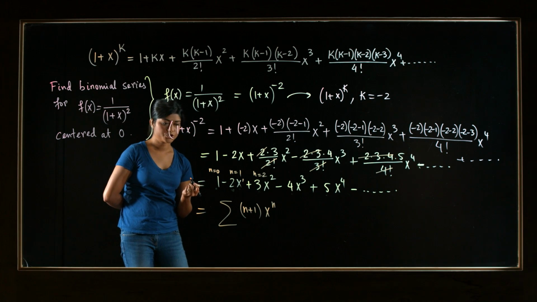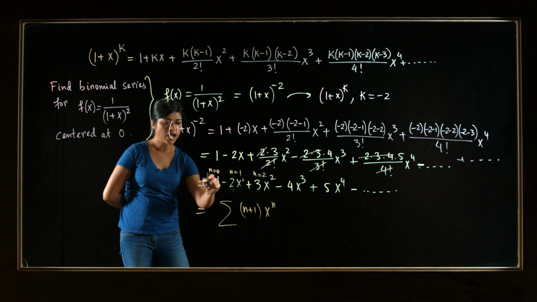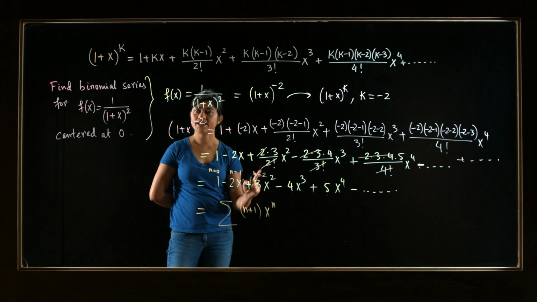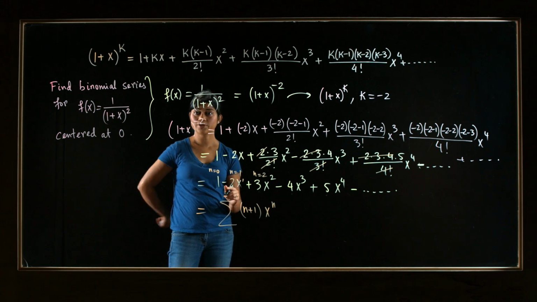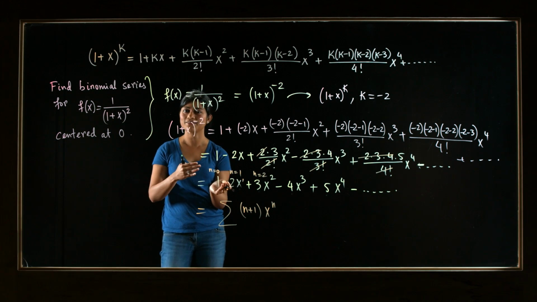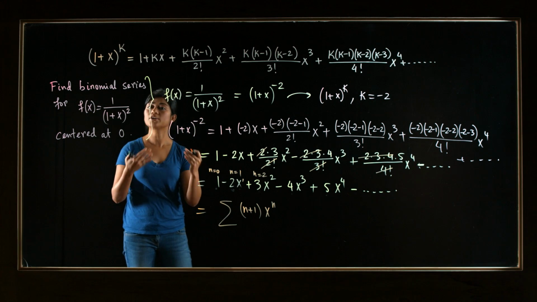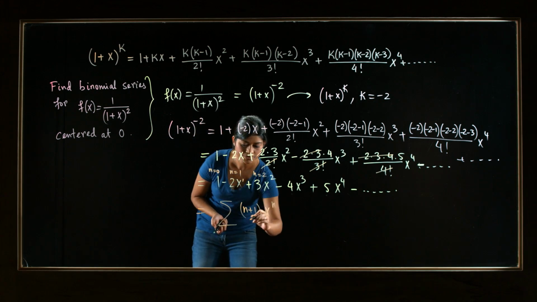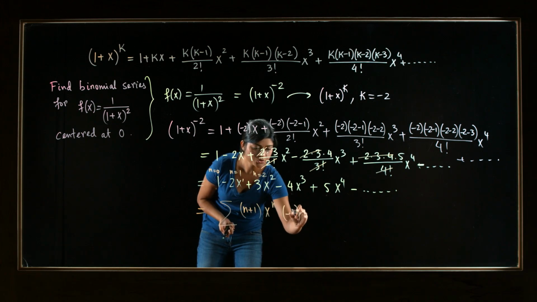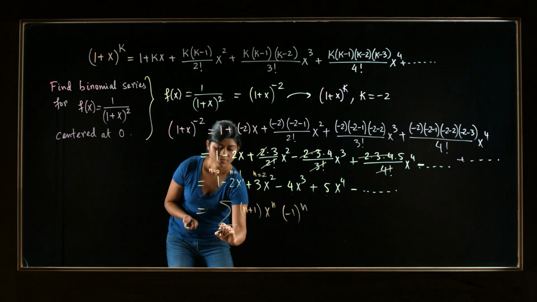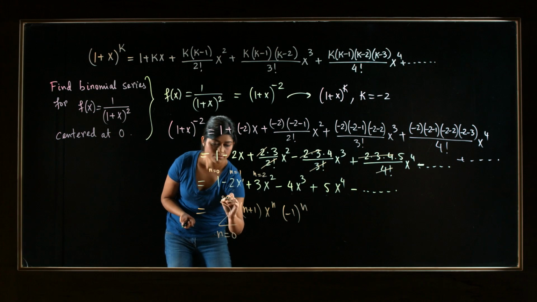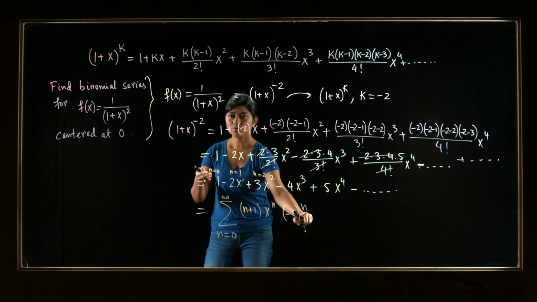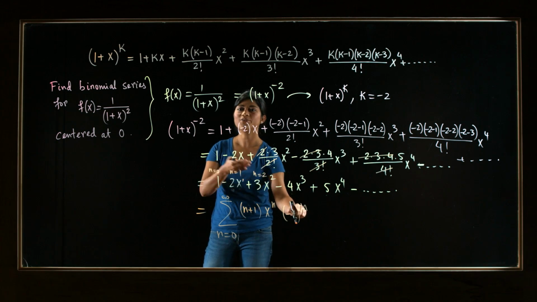But that should not be enough. How do we write this alternating positive and negative sign? Do you know what will give us alternating positive and negative? There should be a negative 1 component to it. Notice that if we have negative 1 to the power n, when n is even, you get positive, and when n is odd, you get negative.